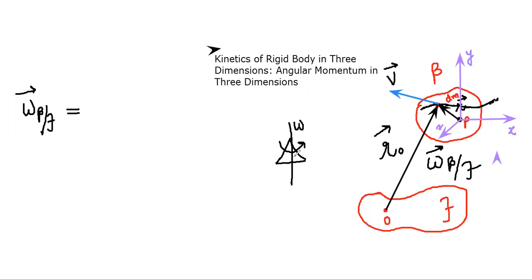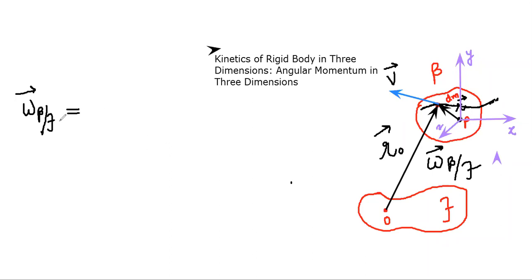Now, if this rigid body, apart from rotating along this axis, is also rotating along another axis, then its angular velocity is aligned along that axis too. In the three-dimensional case, the rigid body is having rotation along three axes. Its angular velocity is along the x, y, and z coordinates.